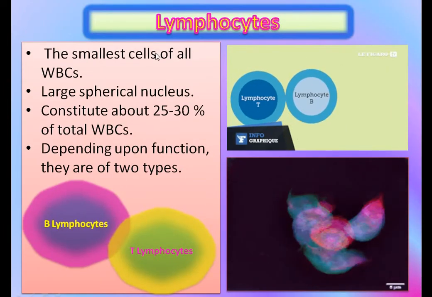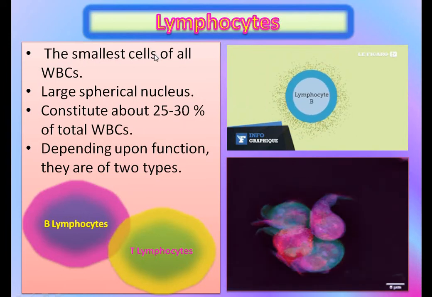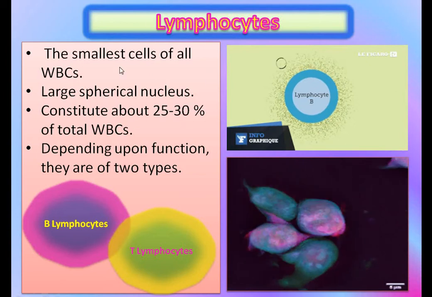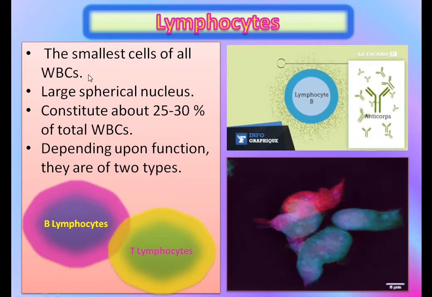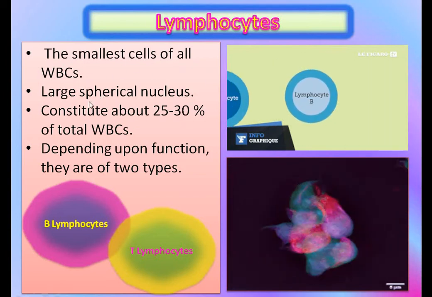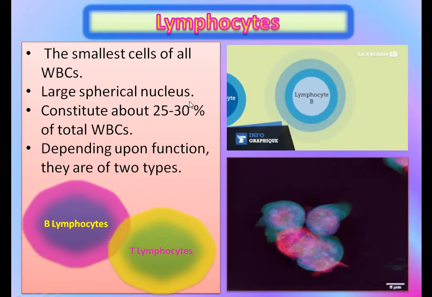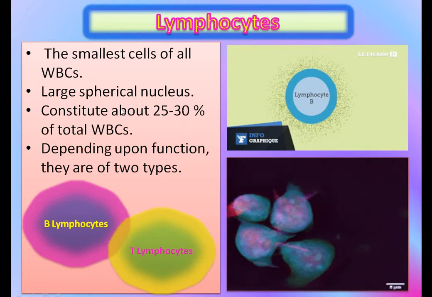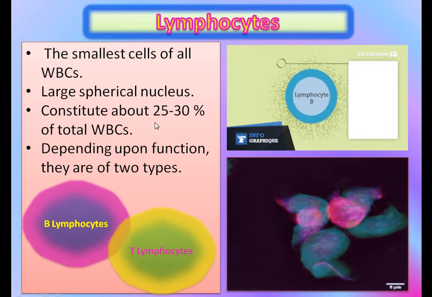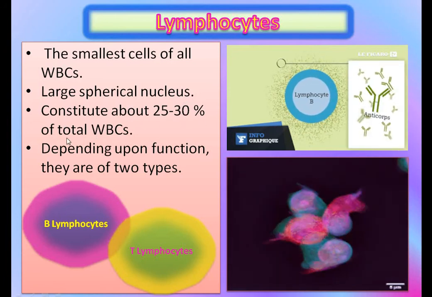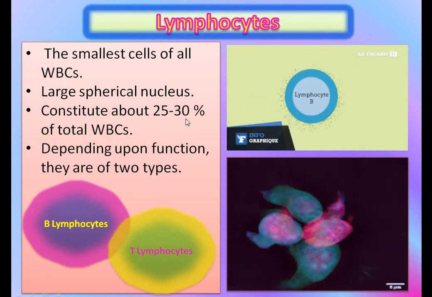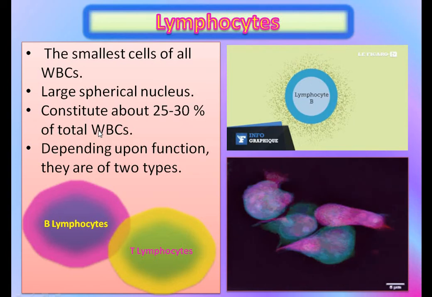The lymphocytes are the smallest cells of all the WBCs. They have a large spherical nucleus. They constitute about 25 to 30% of total WBCs.